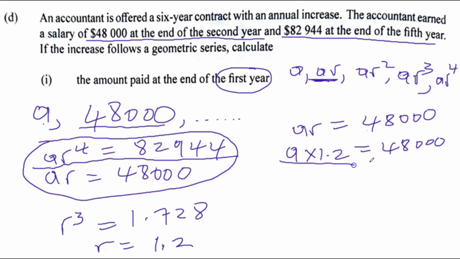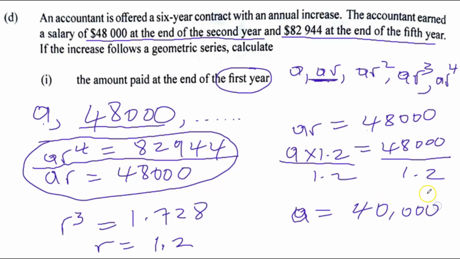To solve for A, we divide both sides by 1.2, which means that A will be equal to 48,000 divided by 1.2, which is 40,000. So the amount paid at the end of the first year is $40,000.